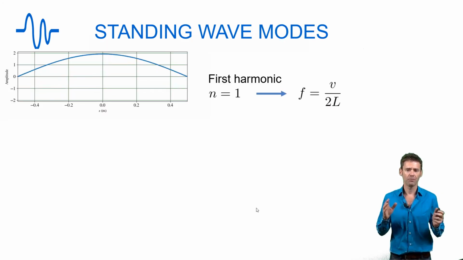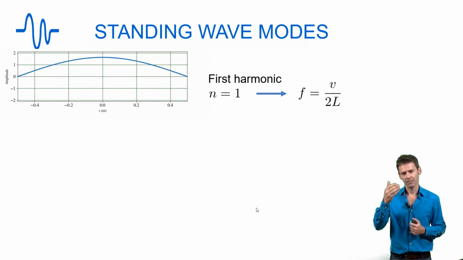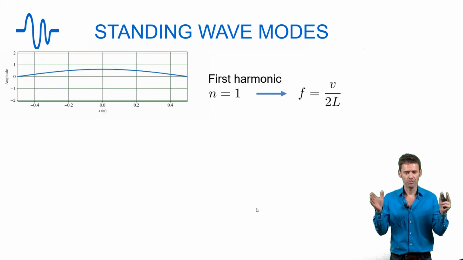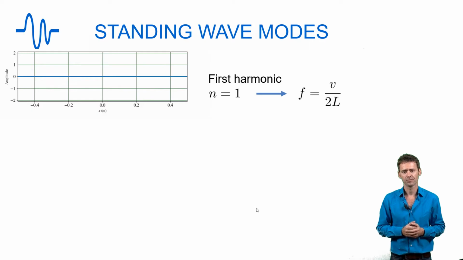So first we look at the fundamental mode. So we can have a propagating wave with different wavelengths. And the wavelength can have a continuous dimension, but only a few of them are supported by this standing wave pattern between these two fixed points.